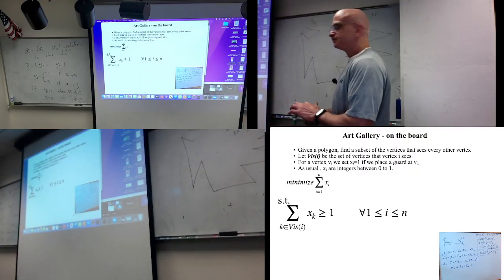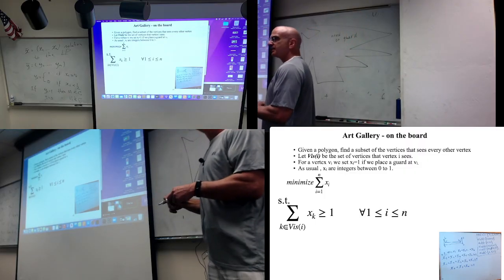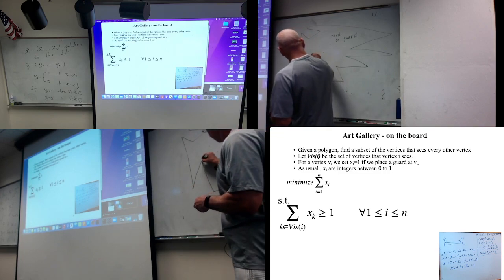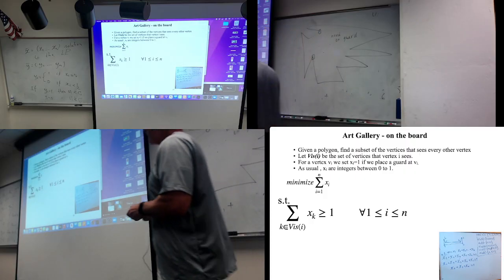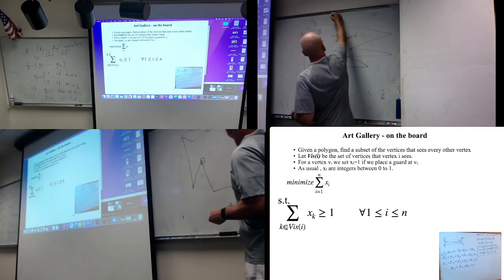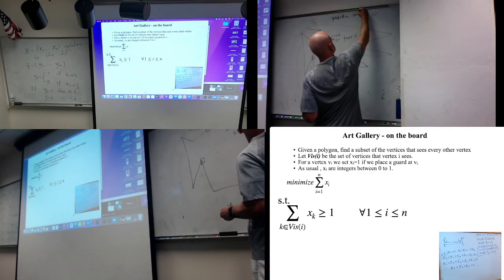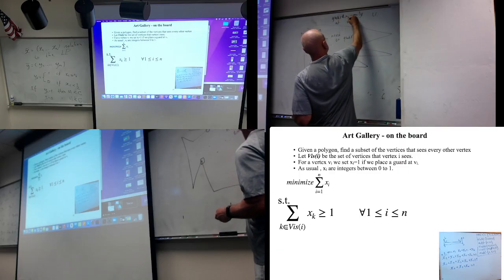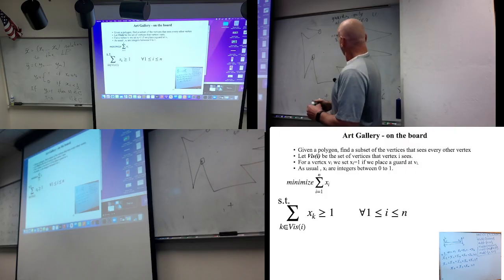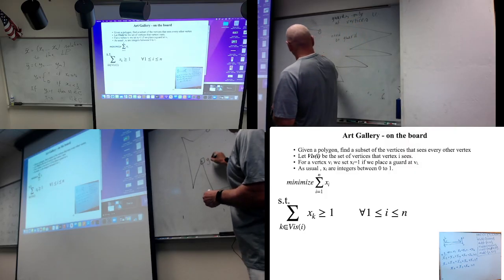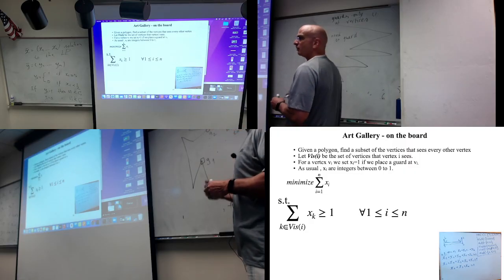Just for simplicity. I want to place guards in this subproblem. I'll place guards only at vertices. That is, I'll pick a guard right here, G1. I'll pick a guard right here, G2, and so on.